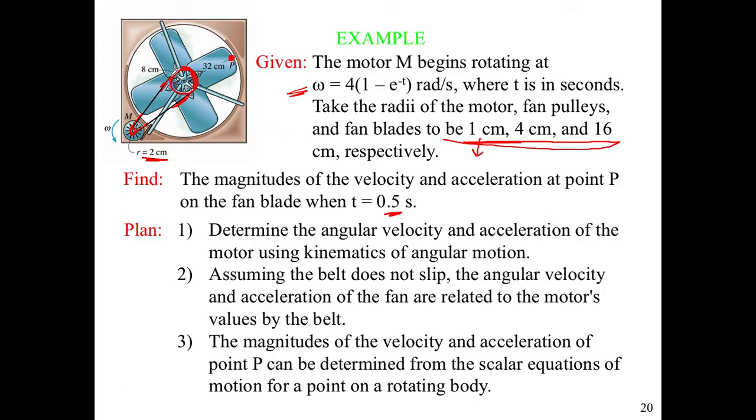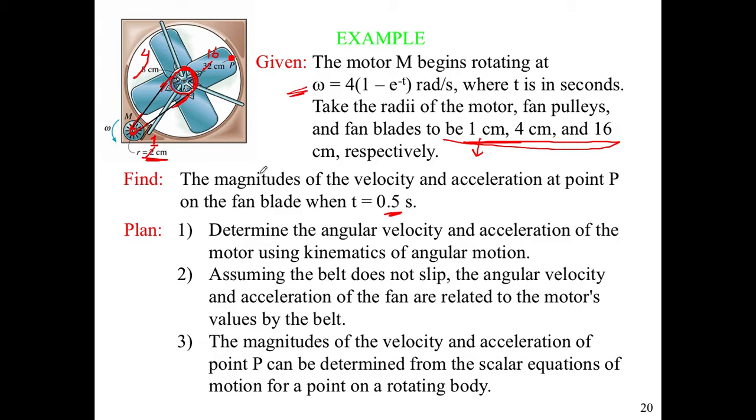And the fan का pulley, ये वाला, that's instead of 8 centimeters, that's going to be 4 centimeters. And this radius of the particle P away from the axis of the fan is 16 centimeters, not 32 centimeters. Okay, with that, so let's jump in.